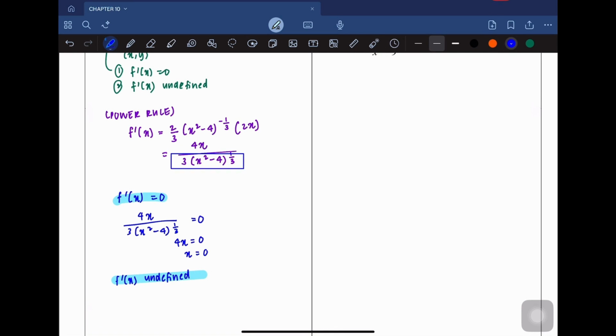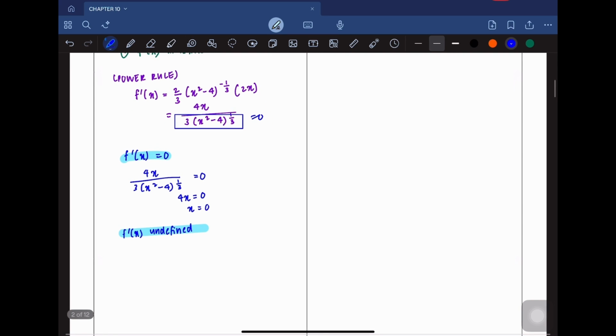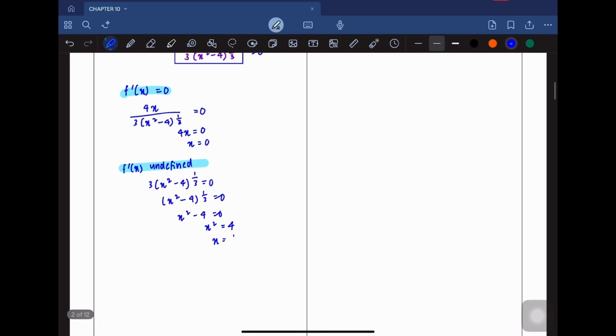The f prime x will be undefined when the denominator, which is 3 multiplied by x square minus 4 to the power of 1 over 3, equals 0. The 3 moves to the other side and disappears. To remove the power of 1 over 3, we raise both sides to the power of 3, and it disappears automatically. So x square minus 4 equals 0. X square equals 4. X equals plus minus square root 4, which is plus minus 2.